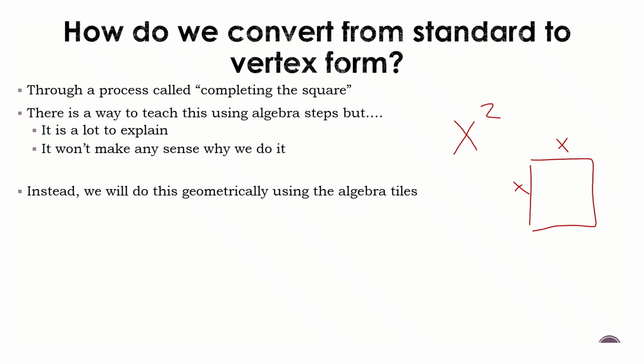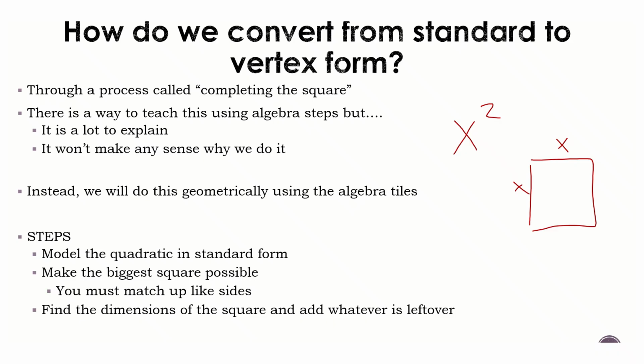So they are connected, but it's a little bit easier to get it geometrically. Also, completing the square only works well for some parabolas. It does work with all of them, but it gets really awful.